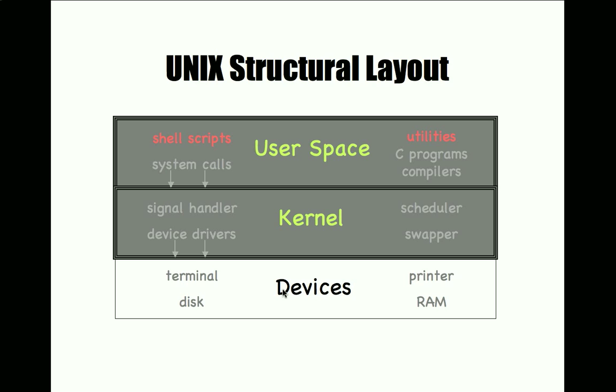And on the upper level, that's basically our domain where we interact with the operating system. You see shell scripts, C programs, compilers. System calls are things that are used from our programs or our scripts to tell the kernel that we need some sort of services. For example, we need to read a file, and we have an abstraction of a file.